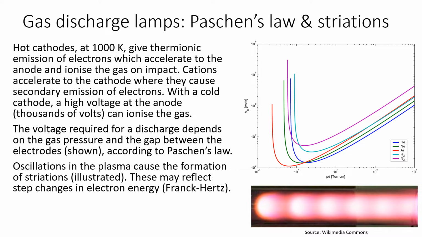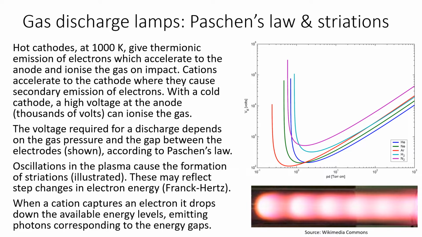It looks like a kind of oscillation going on in the plasma, and another thing that I think may potentially cause it is getting step changes in the electron energy. In fact, we'll look at this next time, the so-called Franck-Hertz effect. The electron energy can periodically oscillate as it can, at crucial energies, deliver energy to atoms of gas.